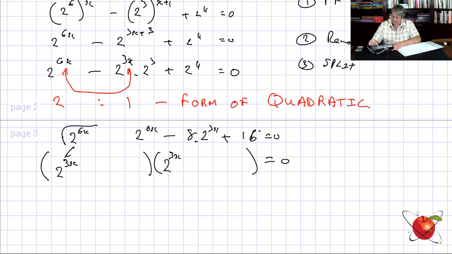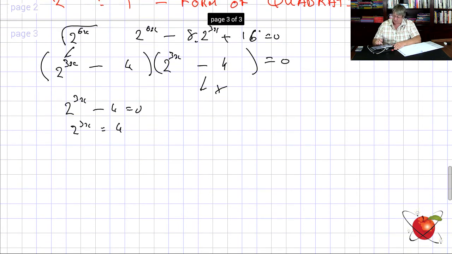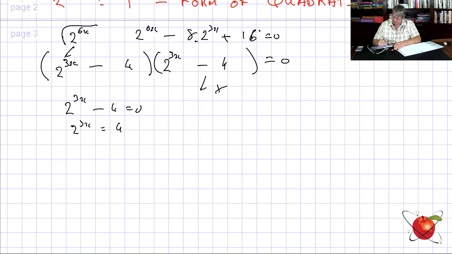So I'm looking to factorize 16 and it comes out in this case to be 4 and 4, a minus and a minus. These are the same, they don't have to be, but in this case they are. Therefore, we say 2 to the power of 3x minus 4 equals 0. I'm not going to do the other one because it's the same thing. Therefore, 2 to the 3x is equal to 4. That's a simple solution, isn't it? That's 2 squared. Remember, prime factor it again.